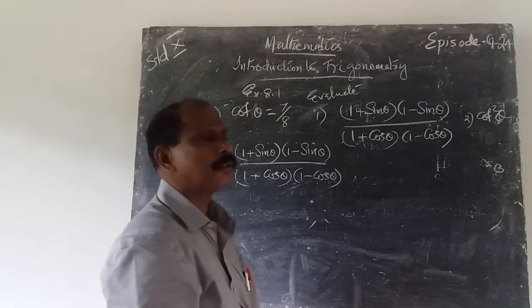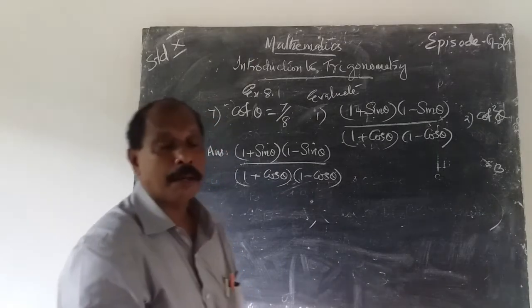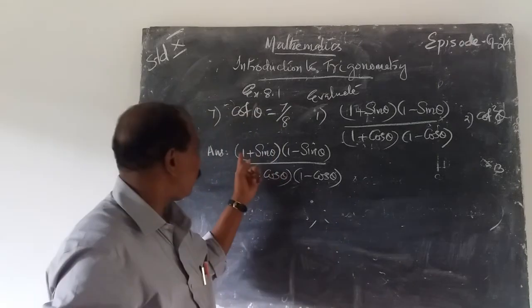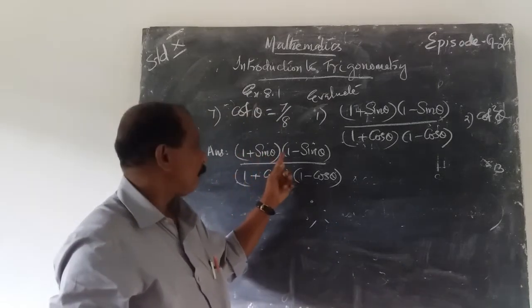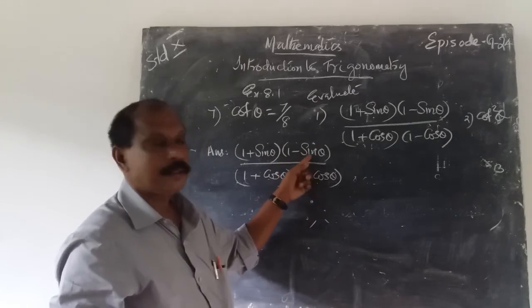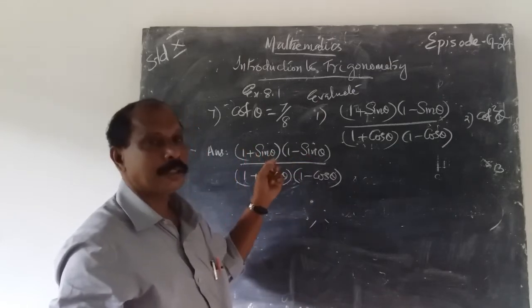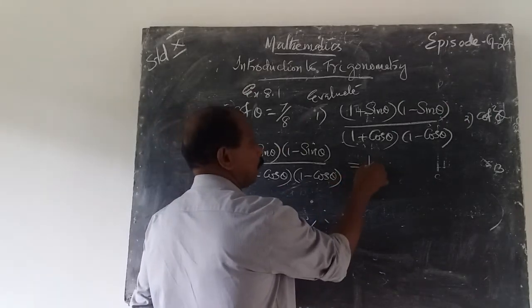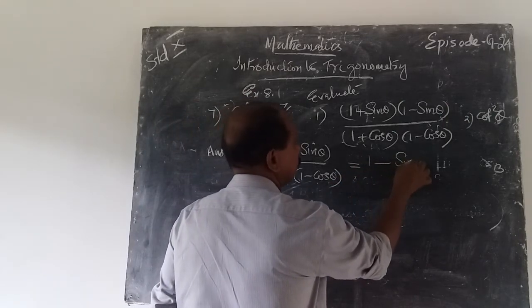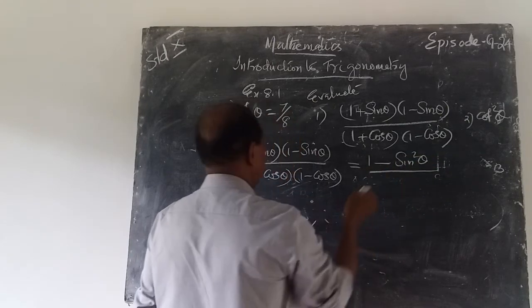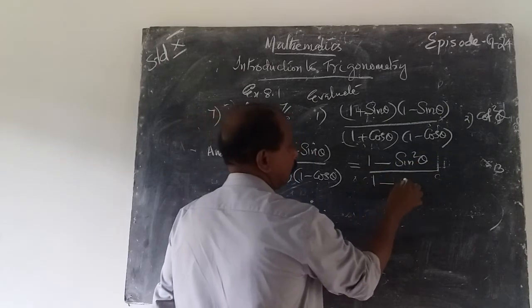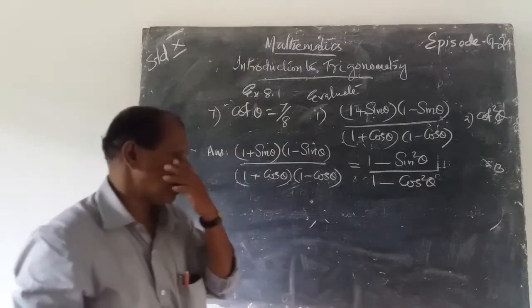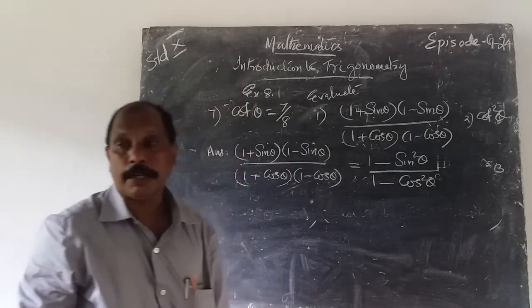What is (a plus b) into (a minus b)? It is a square minus b square. Similarly, the numerator is 1 minus sin square theta and the denominator is 1 minus cos square theta.